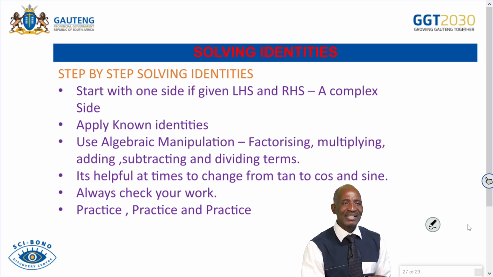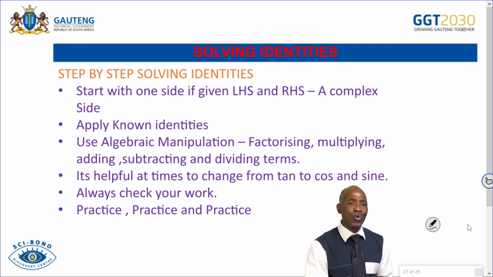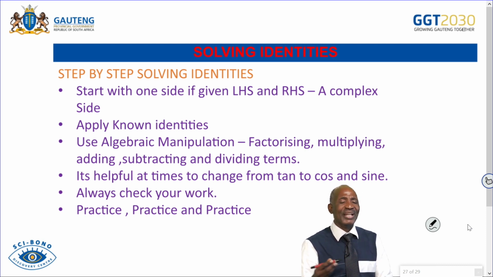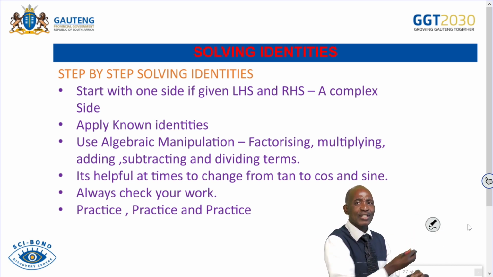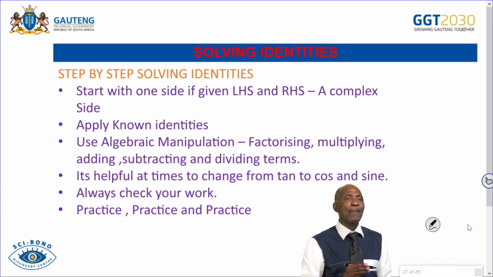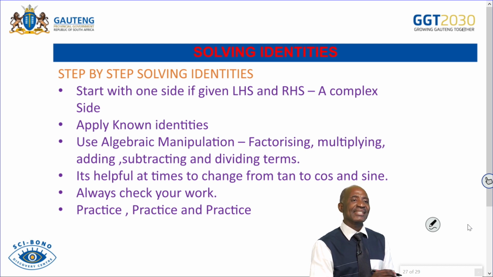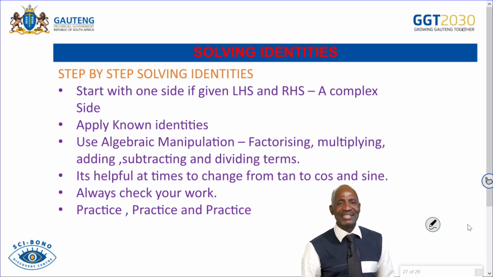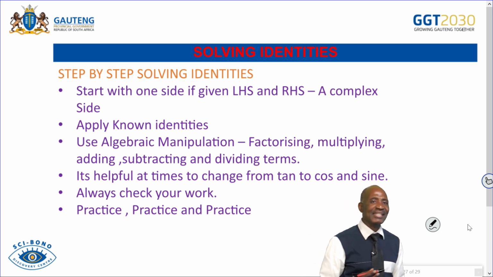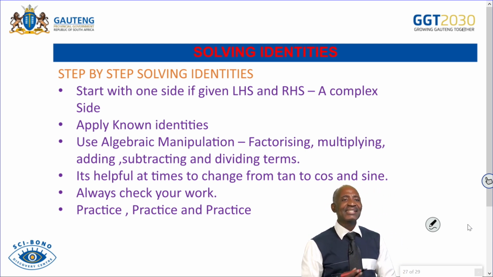You start with one side, if given left-hand side and right-hand side, and you choose the most complex side. Don't choose a side that is already simplified. It will be difficult. Choose the one that still has a lot to be done on.